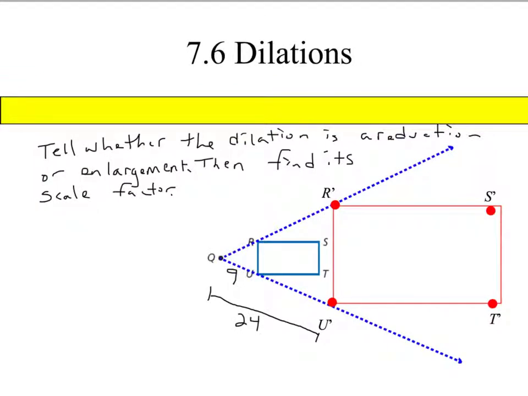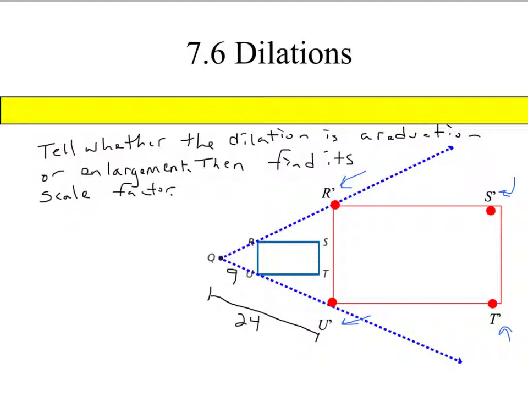All right, so let's try one. As you're looking at this figure, it says, tell whether the dilation is a reduction or an enlargement, then find its scale factor. Very first thing, look at the pre-image and look at your image. Which one is your pre-image? Which one is your image? Because this rectangle has the primes, that tells you what is your image, and gives you your pre-image along with it.